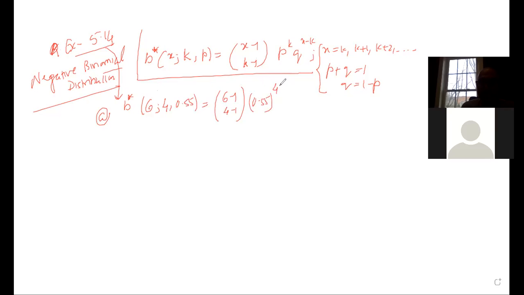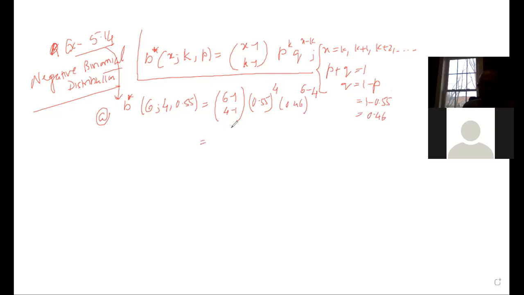Q is nothing but 1 minus P, where P is 0.55, so naturally Q is equal to 0.45. So here I can write 0.45 to the power X minus K, where X is equal to 6 and K is equal to 4, so 6 minus 4. You can write it like this.